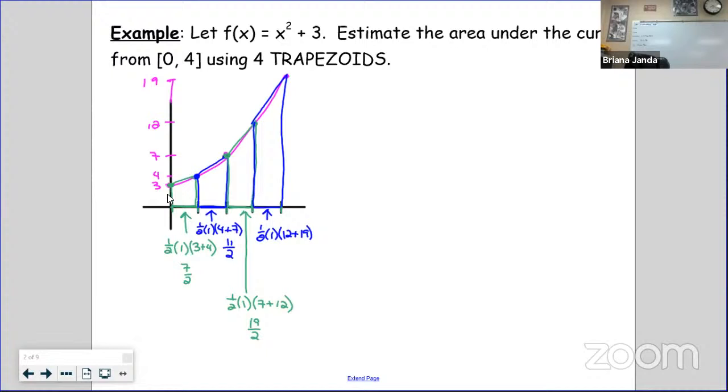Okay, are we having any questions on our trapezoidal approximation? Easy to see when we're visualizing here. I don't have my last one on there: 12 plus 19, 31 halves.